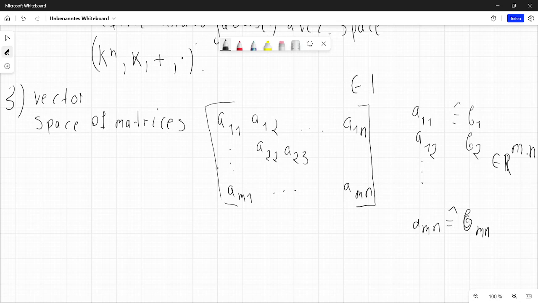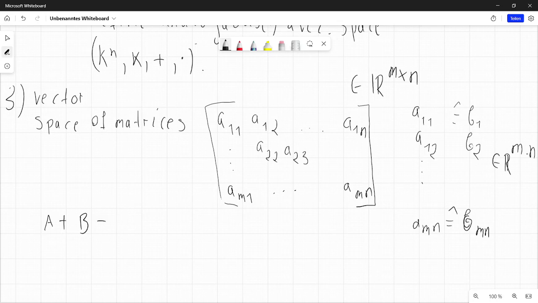And if those numbers are in R, we write for the number of rows and columns m cross n. We write cross here, we don't write dot, because by that we mean in this context m number of rows and n number of columns. Right, space of matrices.